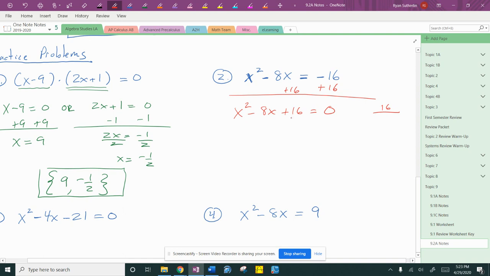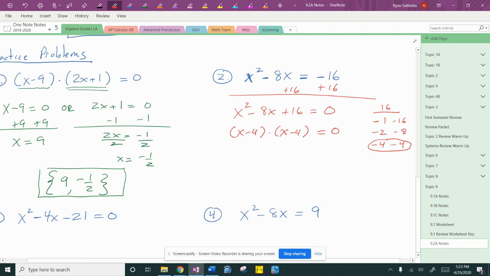Well, if they multiply to be a positive and add to be a negative, that means I know they're both negative. So I've got negative 1 and negative 16, negative 2, negative 8, negative 4, negative 4. So here I have negative 4 and negative 4. So we could factor that and write that as x minus 4 times x minus 4 equals 0.